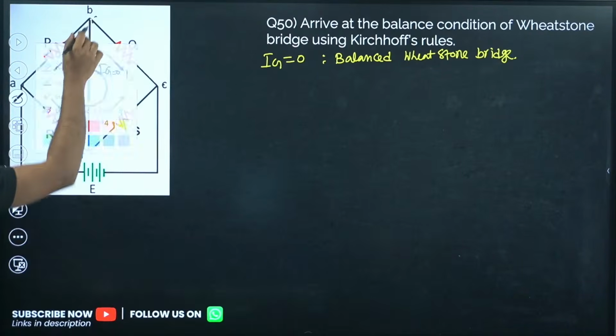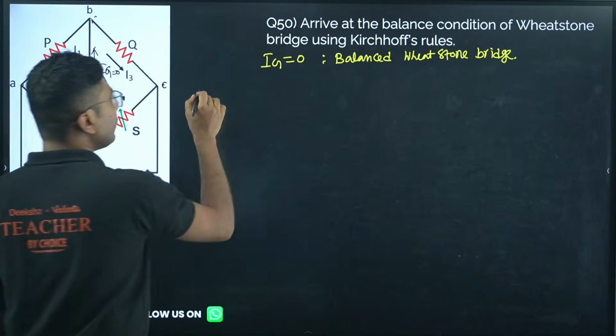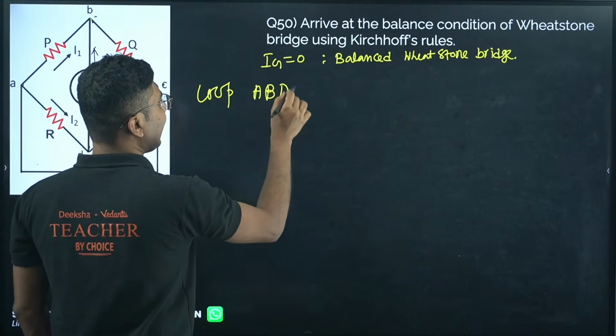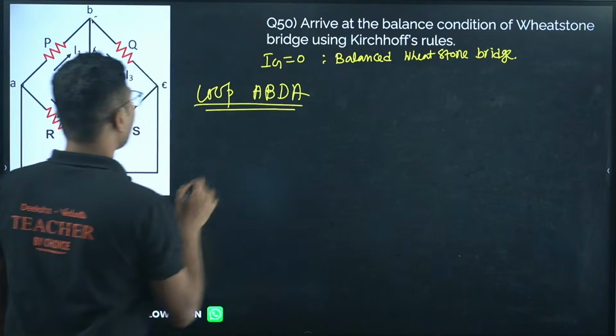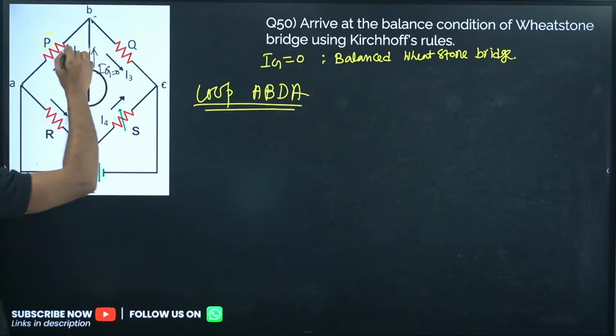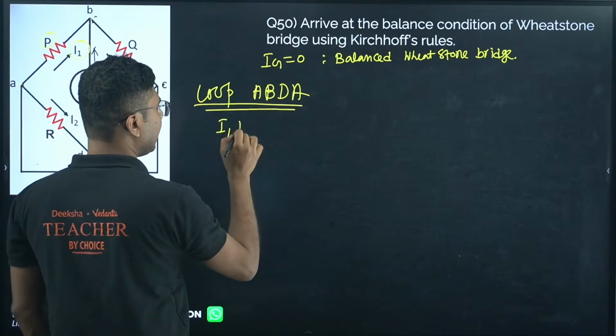So in the ABDA loop, the voltage drop across this is resistance into current, so I1P.